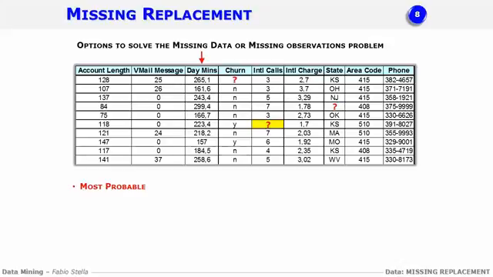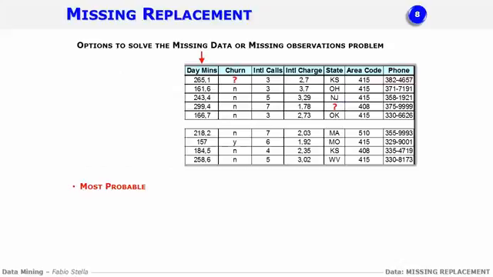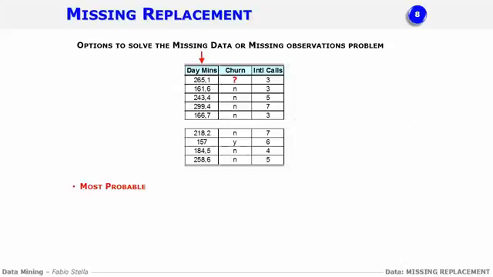To implement the most probable replacement option, we proceed as follows. We first remove the records where the international calls attribute is missing, so we remove the sixth row of the available dataset. Then we remove all the attributes of the dataset except day mins and international calls.